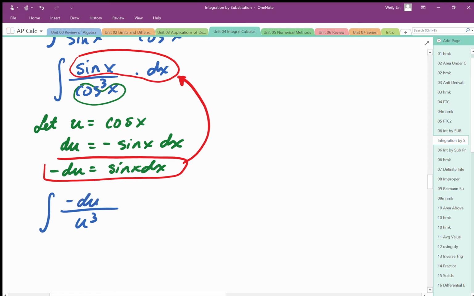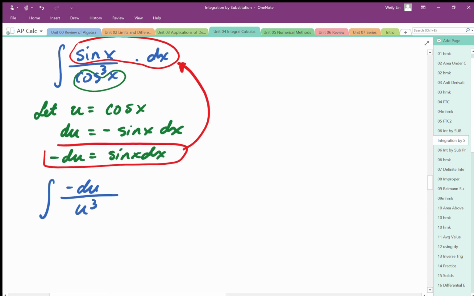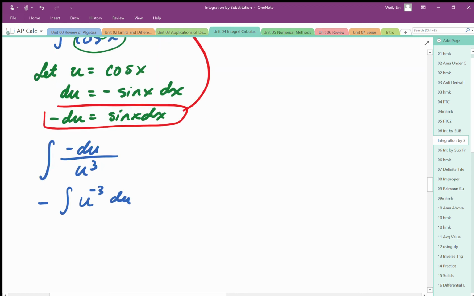So now we have our integral again in terms of our variable u with respect to u. We can apply the power rule here. So I'm going to rewrite this as u to the negative 3 du. Using the power rule, I'm going to end up with u to the plus 1, so negative 2, divided by negative 2, plus c.